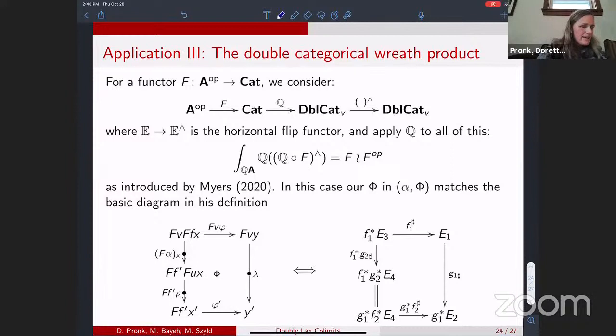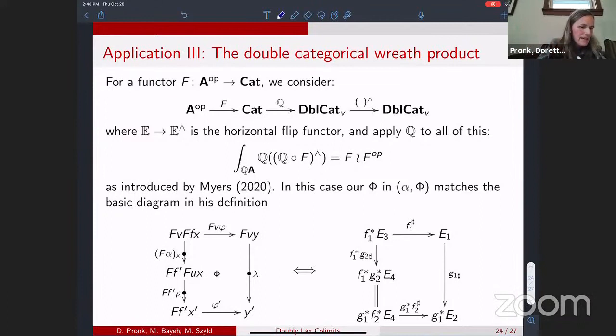Again, you start out with a functor, in this case from a category into Cat, and we compose that with Q to end up in double Cat V, and then we take the right after that two first and flip a horizontal flip to have the arrows going in opposite directions.